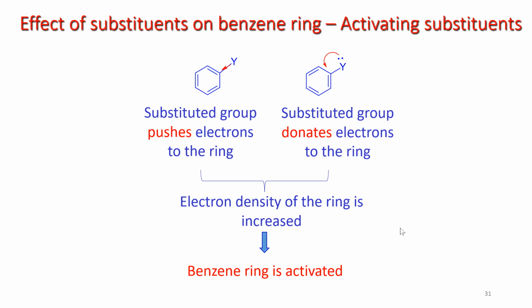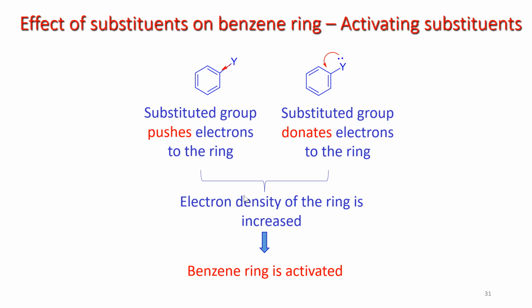So in a situation like this, the benzene ring is more activated because it has more electrons that can be donated to any other group, right? The electron density is more by the pushing and donating.